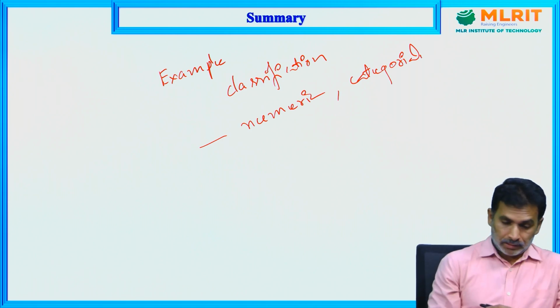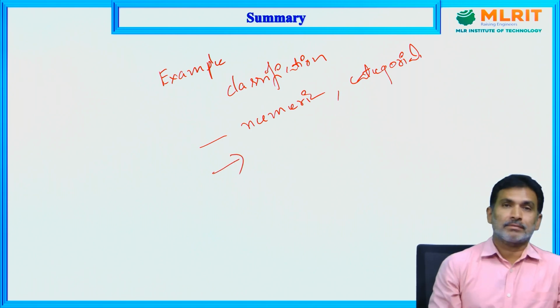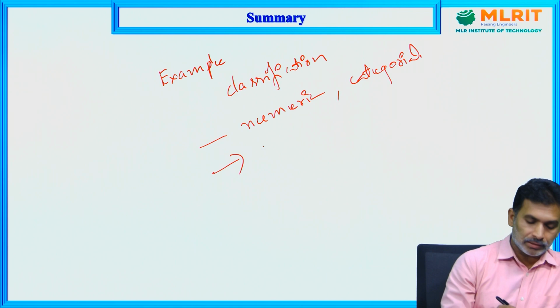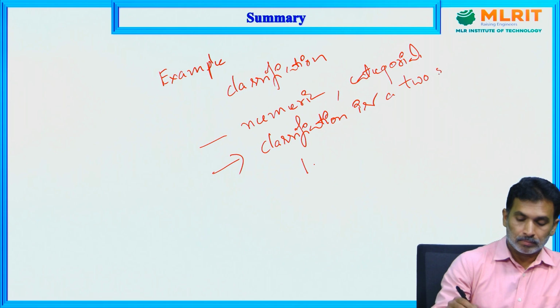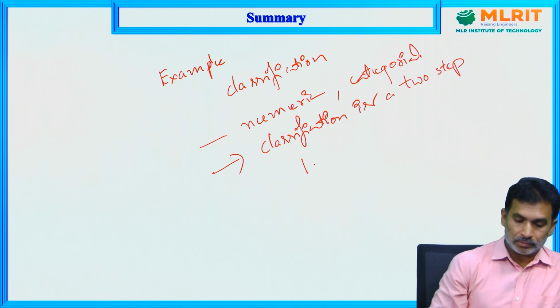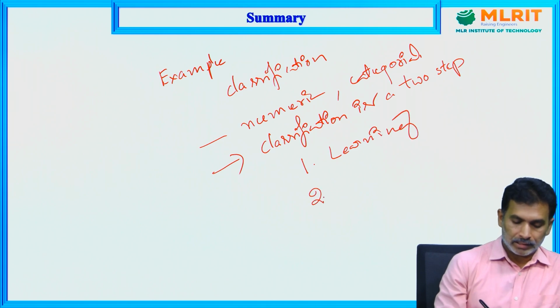We also discussed how classification works. Classification is a two-step process. The first step is learning, and the second one is classification.